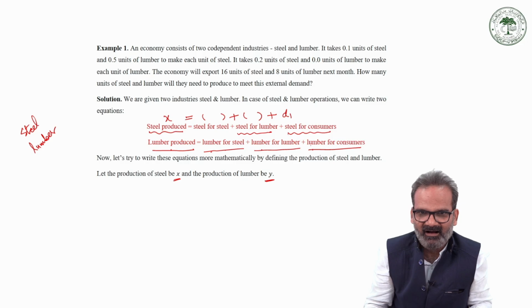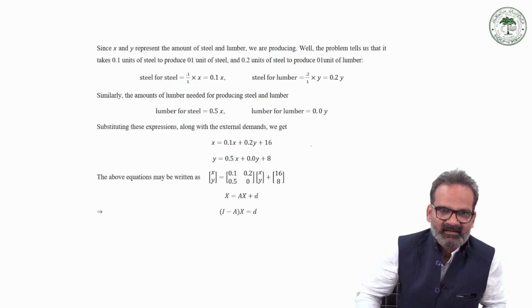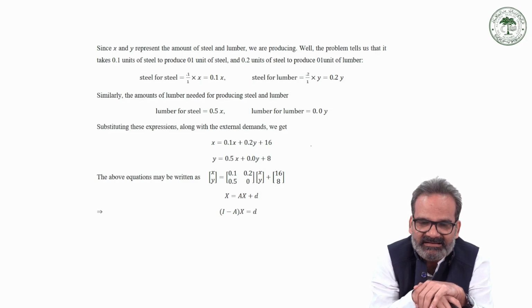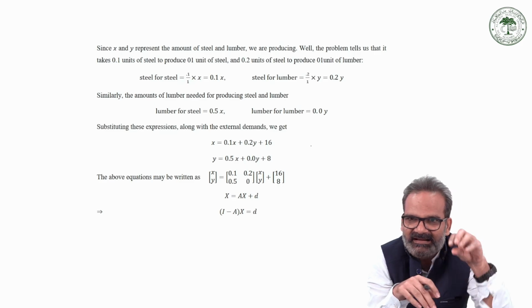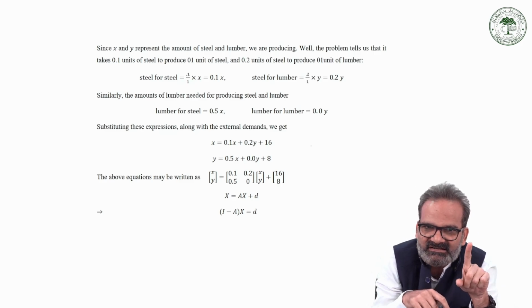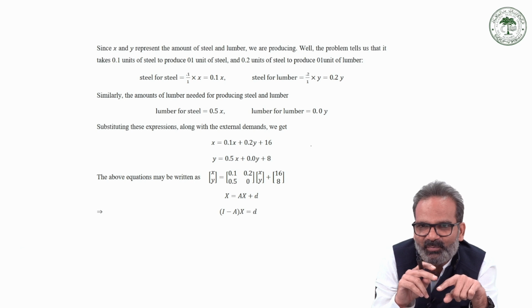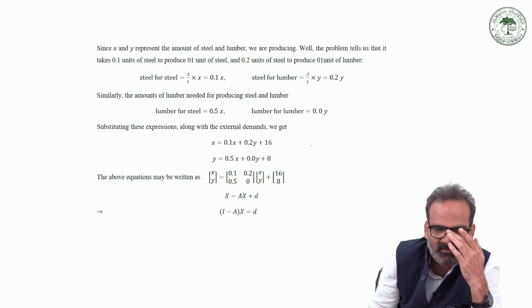See how they work. Let X and Y represent the amount of steel and lumber we are producing. The problem tells us that it takes 0.1 unit of steel to produce 1 unit of steel and 0.2 unit of steel to produce 1 unit of lumber.